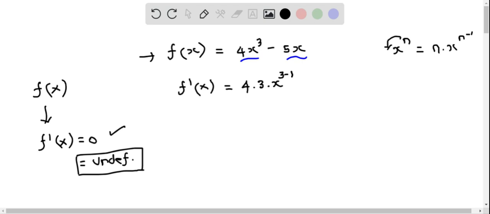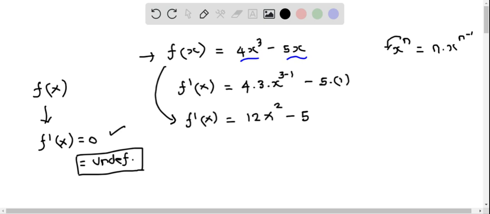Minus 5 times the derivative of x, which is 1 according to the derivative rules. We can simplify this. 4 times 3 is 12, and x raised to the power of 3 minus 1 is 2, so we get f prime of x, the first derivative of this function, is 12x squared minus 5.